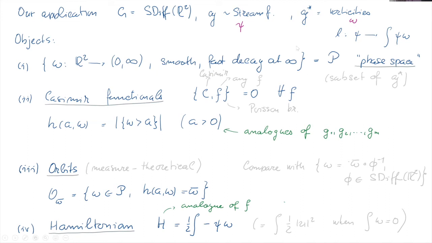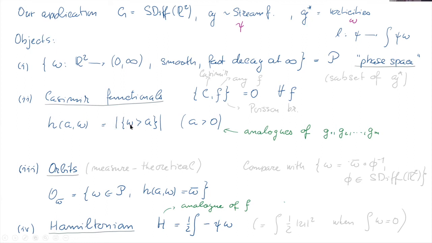So our phase space will be just the space of vorticities, which we will restrict ourselves, given the situation we consider, so we will take them as smooth functions with fast decay at infinity. Okay, then we have these Casimir functionals, or the analogs of the function g, which I was discussing.